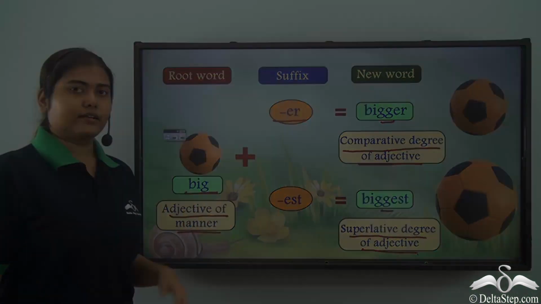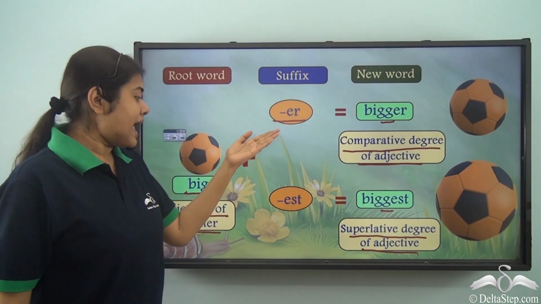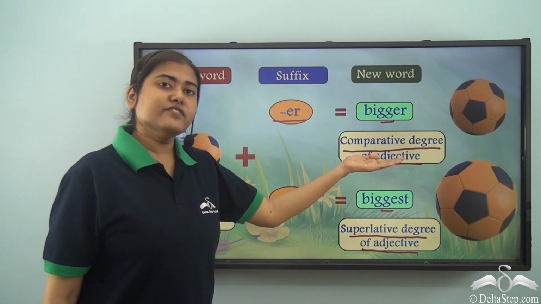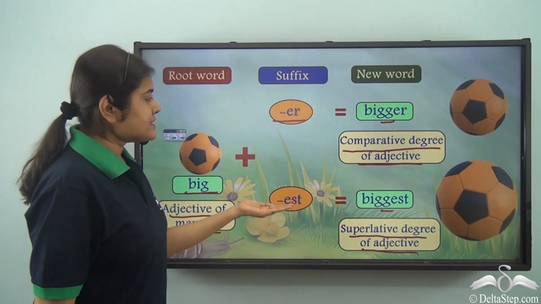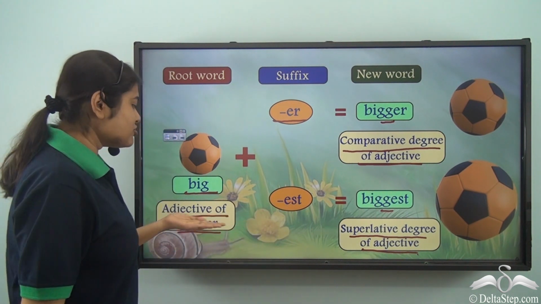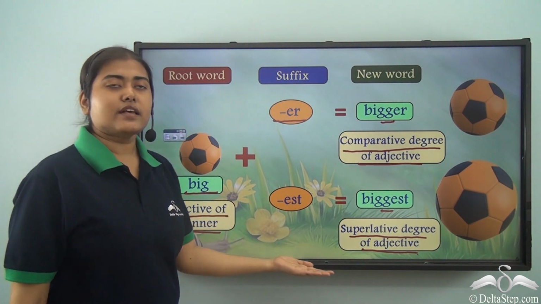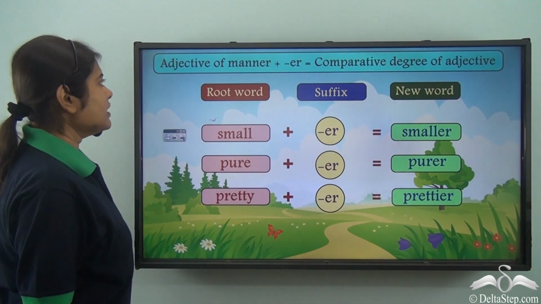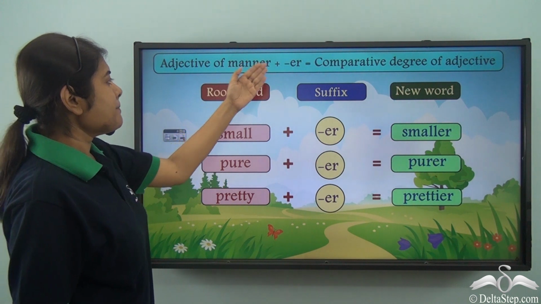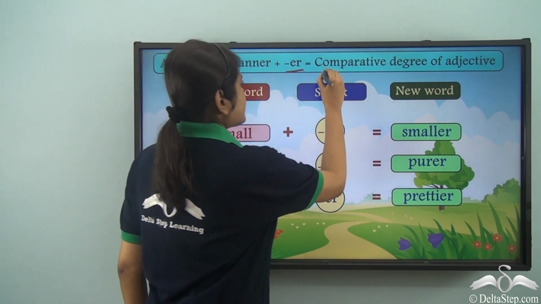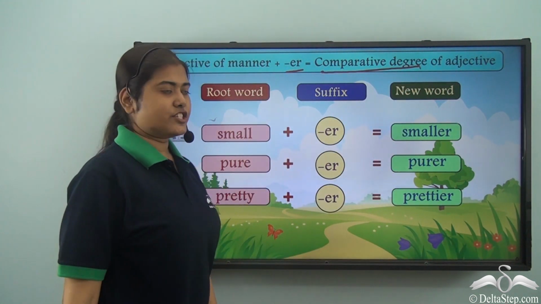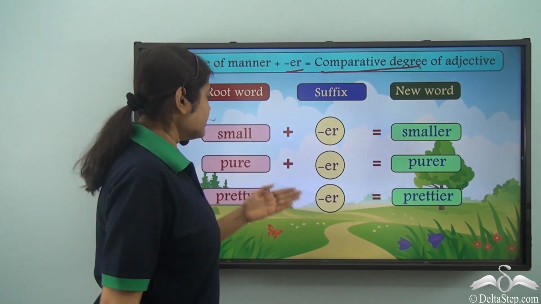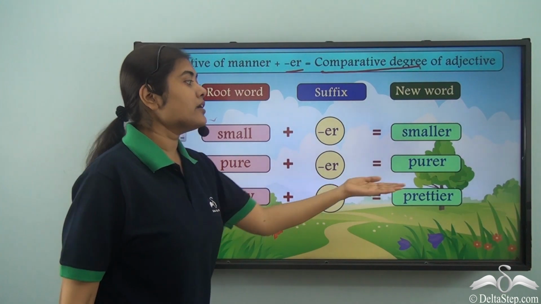adjective big. So the suffix er when added to an adjective of manner gives us the comparative degree of adjective, whereas the suffix est when added to the adjective of manner gives us the superlative degree of adjective. So adjective of manner plus er gives us the comparative degree of adjective. Examples: small plus er, smaller; pure plus er, purer.